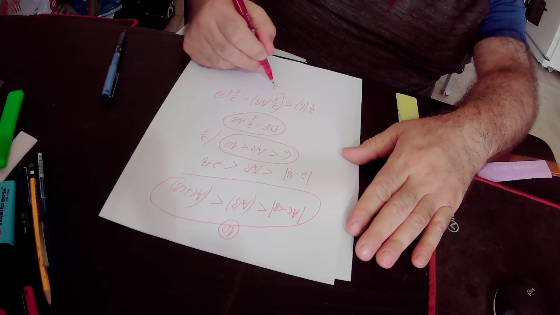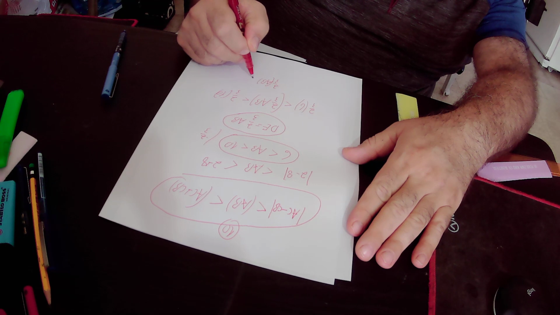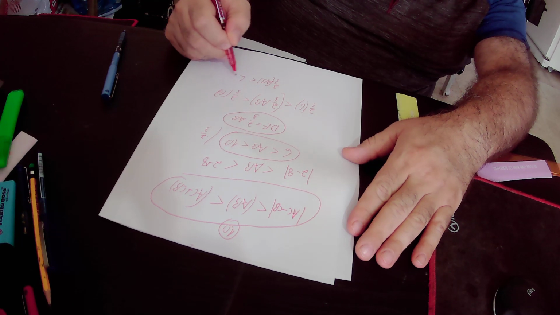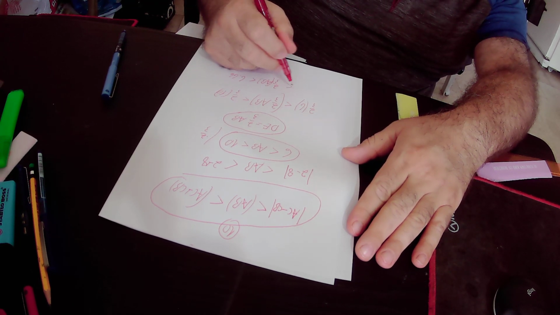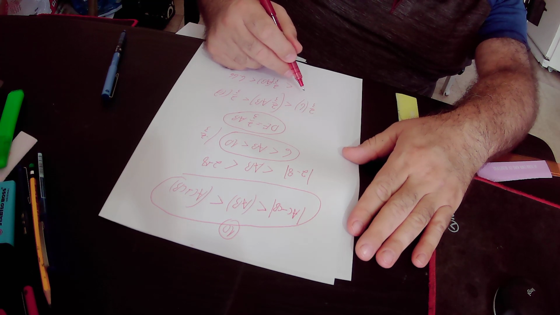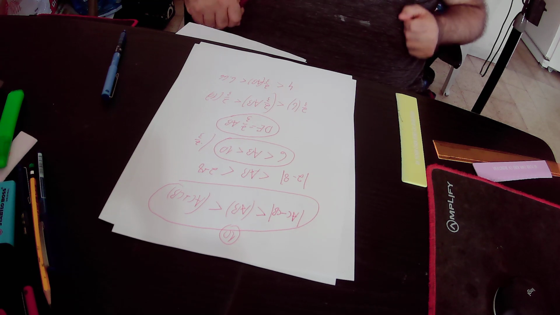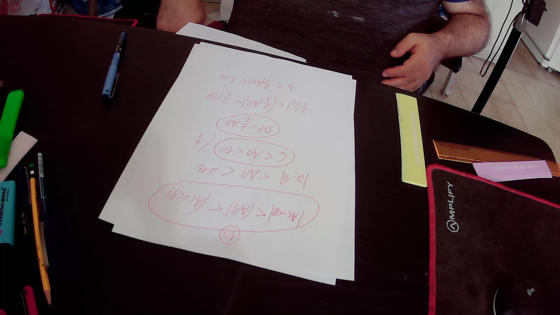Or 2/3 AB is smaller than 2 times 10, which is 20, and 20 over 3 is 6.66, and it is greater than 2 times 6, which is 12, and 12 over 3 is 4.